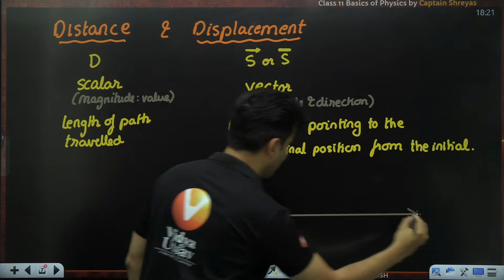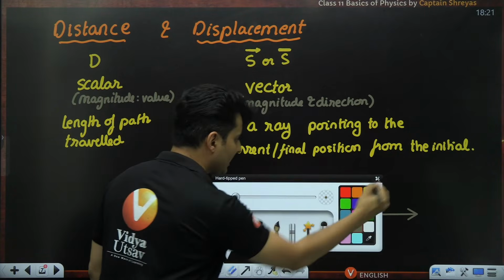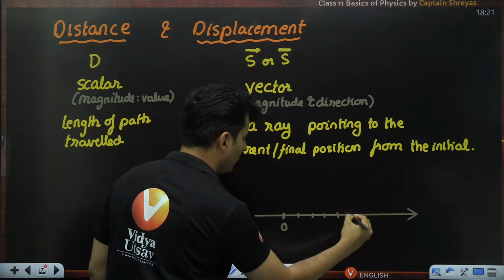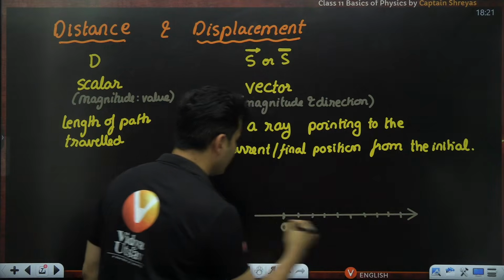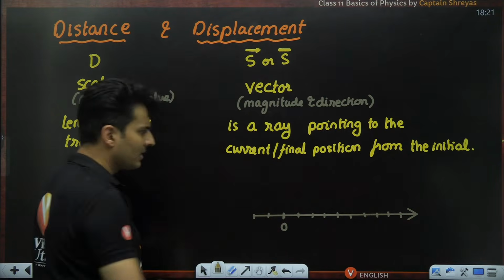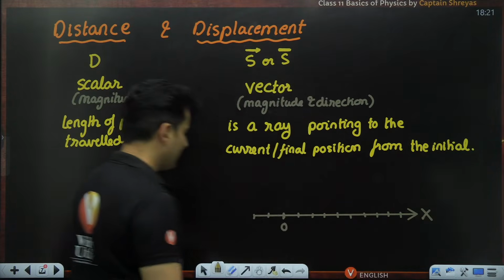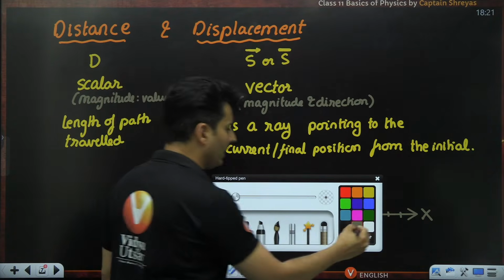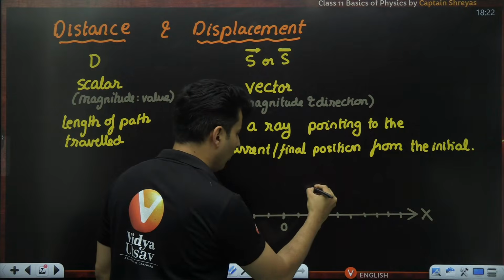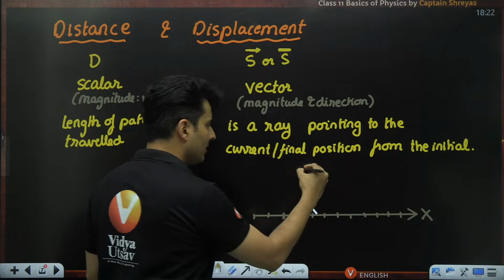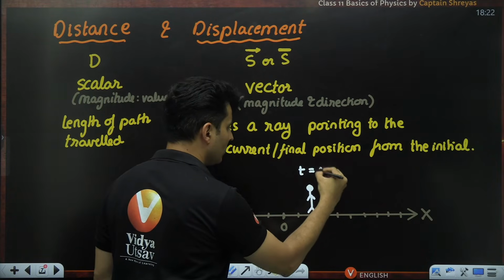Imagine this is your x-axis. This is, let's say, your origin, 1, 2, 3, 4, 5, 6, 7, 8, 9, minus 1, minus 2, minus 3, like that. It is basically a number line on the x-axis. Now, our Pandu was here at t equal to 0.